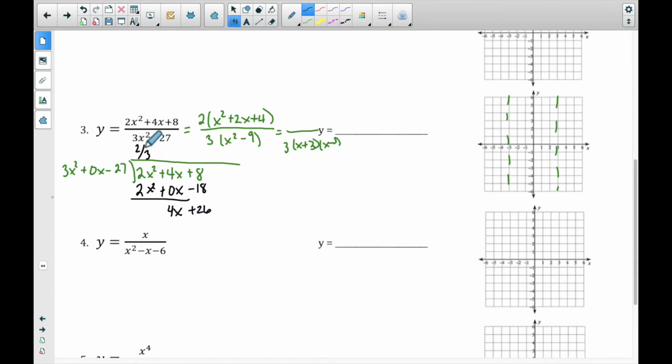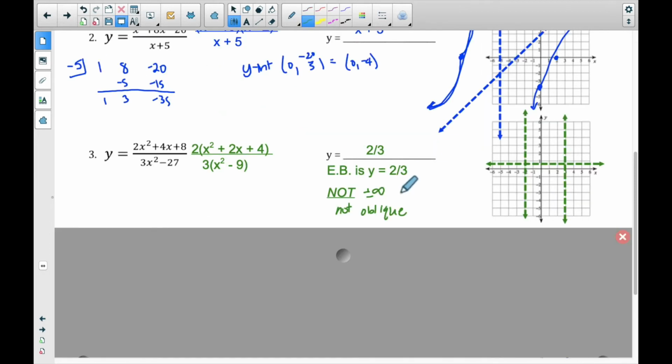Here's the deal. What's happening here is y equals 2/3 is the asymptote. It's not oblique, it's horizontal. So this example, number 3, does not have an oblique asymptote. Instead of an oblique asymptote, it has a horizontal asymptote.